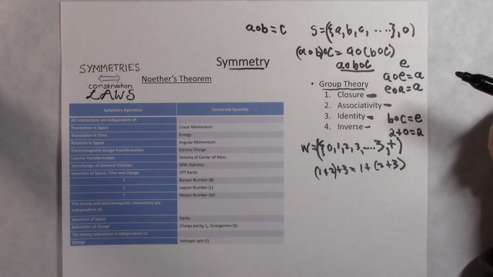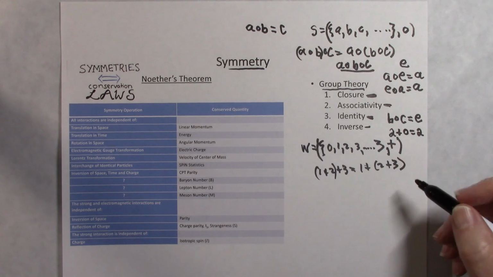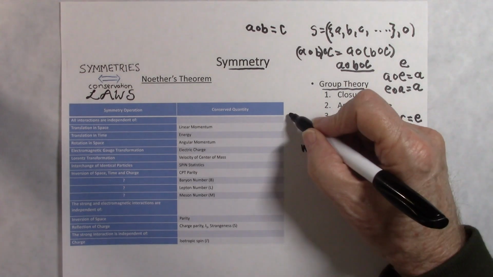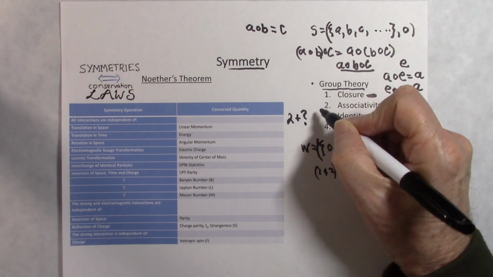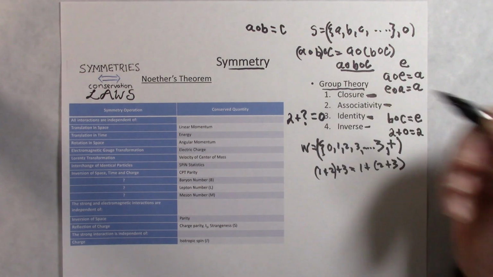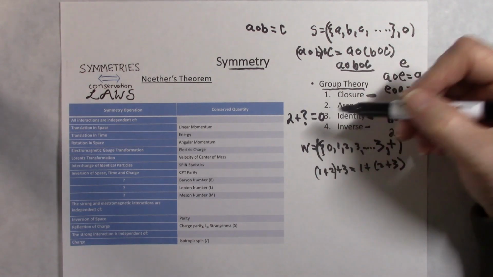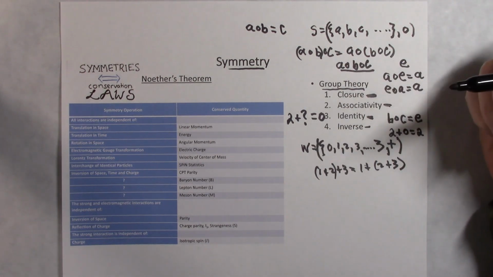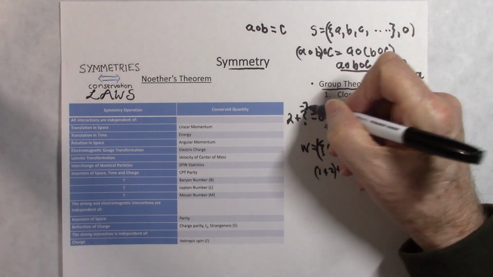Identity is satisfied. But what about inverse? What that tells us is we have to take any element in here. We'll take an element 2, and we have to add that to some other element, and we have to get 0. Can we find an element in our set that makes this true? And the answer is no. If we wanted to get this, we would have to have a minus 2.